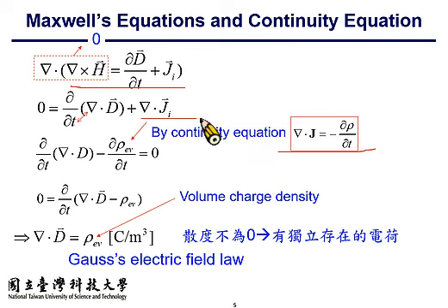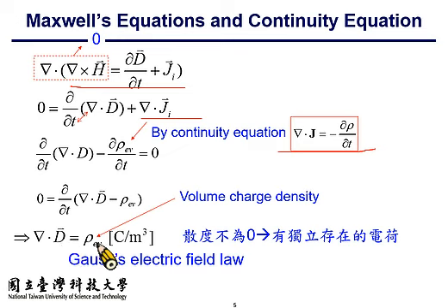So we replace the divergence of J with the negative time derivative of charge density. If you take the time derivative on the outside and reorder the equation, you end up with the divergence of D equals the electrical charge density at that point.